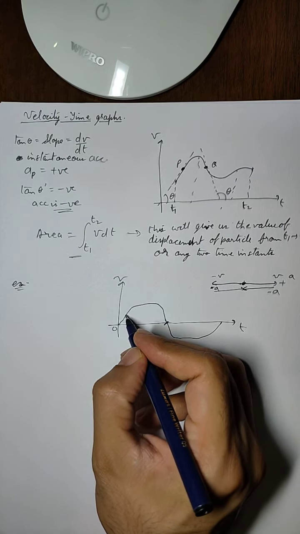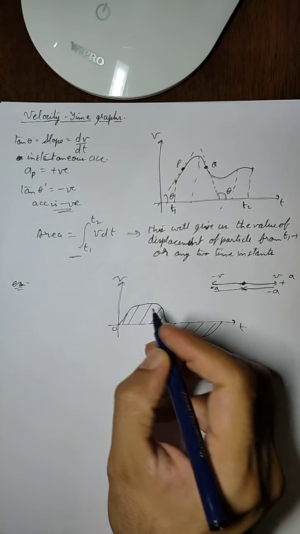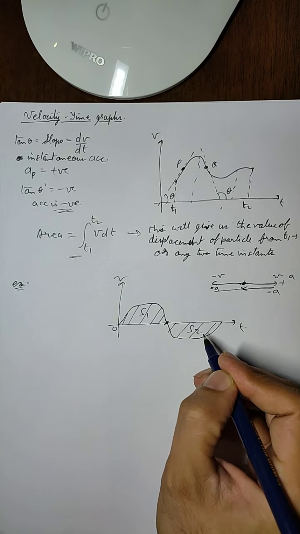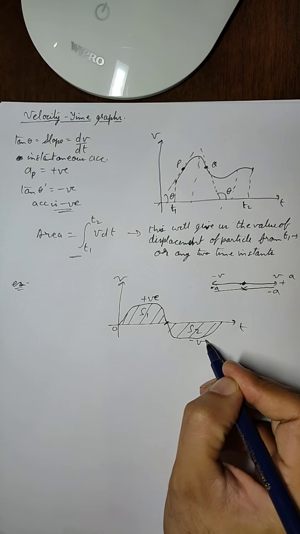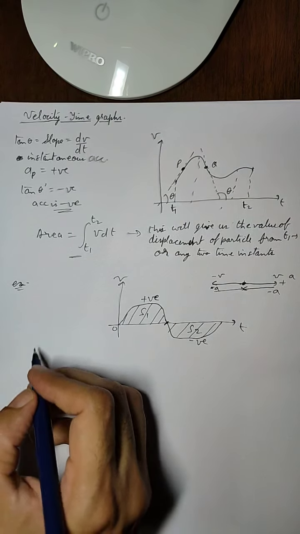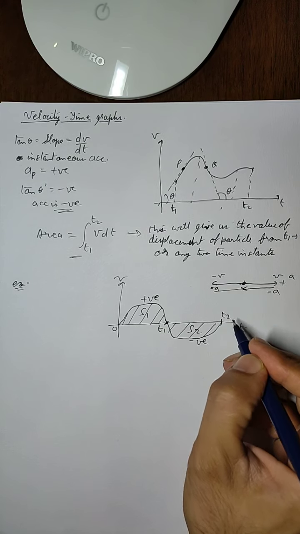So if we talk about the area, we can see that there are two areas here. Let us say this is S1 area and this is S2. This is on the positive side, so it will be a positive area, and this is on the negative side, so it will be a negative area. Let us say that this is time t1 and this is time t2.